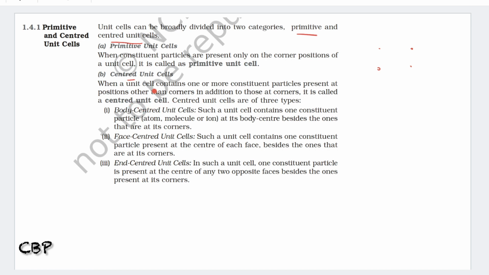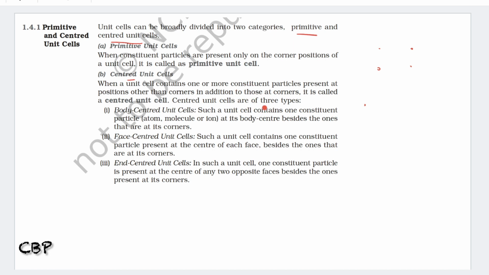Means these centered unit cells are those in which the constituent particles are present on the corners, as well as in addition to the corners, they are also present on other positions of the lattice. It is called a centered unit cell.